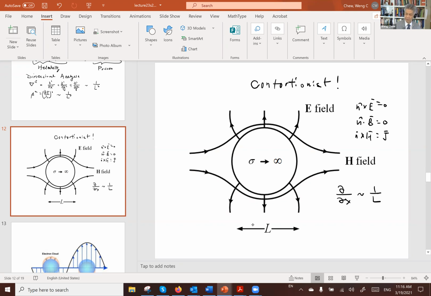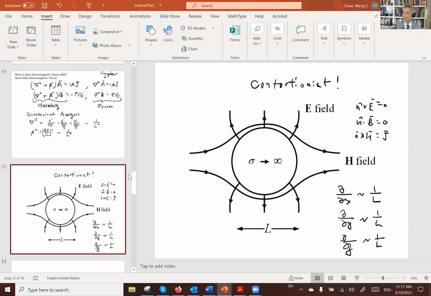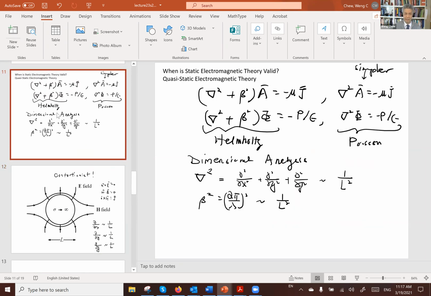Okay, and the same for partial y, and then the same for partial z. All this has to be varying on the length scale of 1 over L. The smaller the L is, the larger the rapid variation of the field, and then the larger will be these derivatives. And what I'm trying to get at here to cut through the chase is that this Laplacian would be proportional to 1 over L squared.